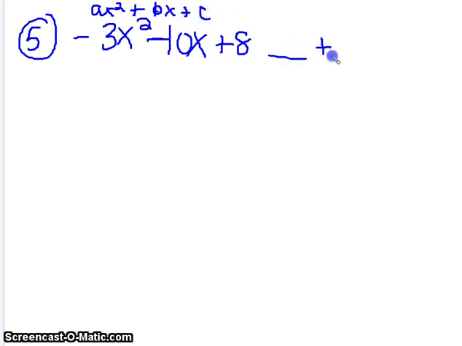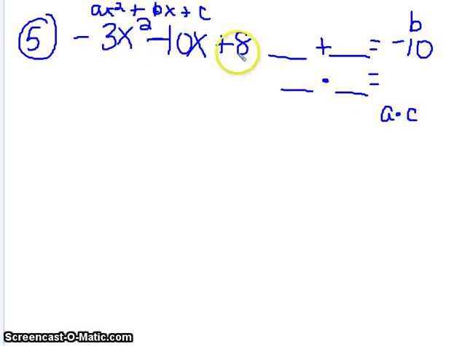So something plus something and something times something. They add to give me b, which is negative 10, and they multiply to give me a times c. In this case, a times c is negative 3 times 8, which is negative 24. A lot of people forget to pull in that negative 3 when their a is something other than 1.